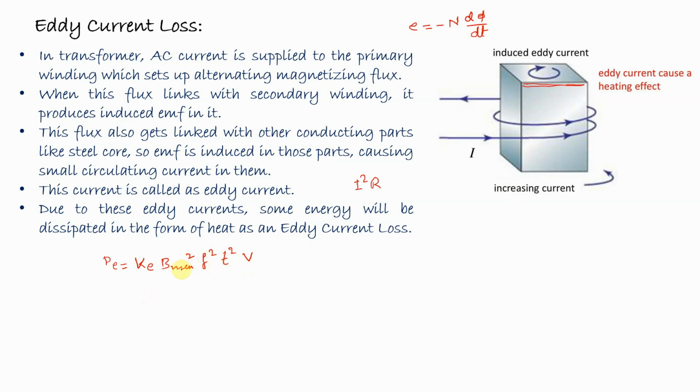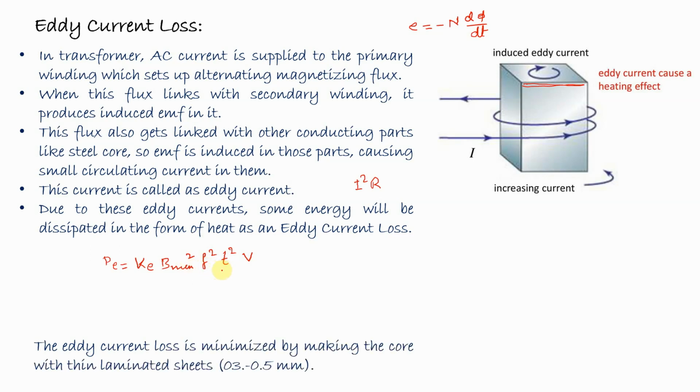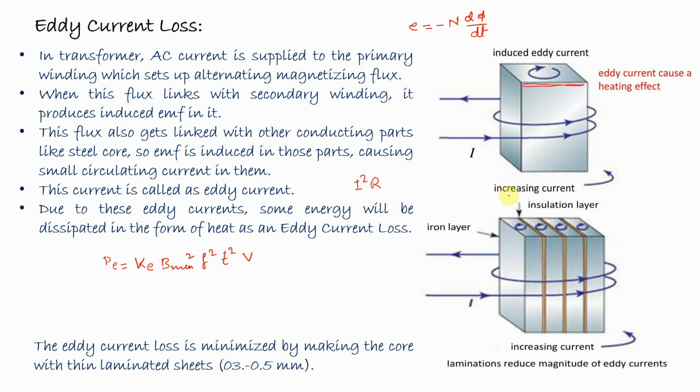So here again each and every parameter is constant. So the eddy current loss can be minimized by reducing the thickness of the material. And how will it be possible? Instead of using a single solid material as a core, thin laminated sheets are used. These thin laminated sheets are insulated.